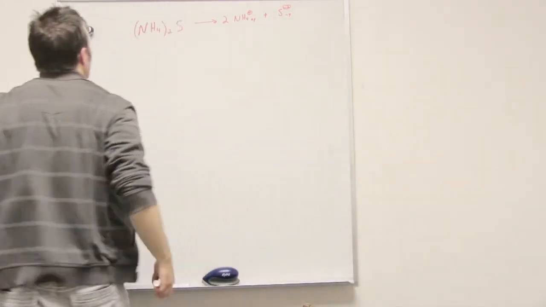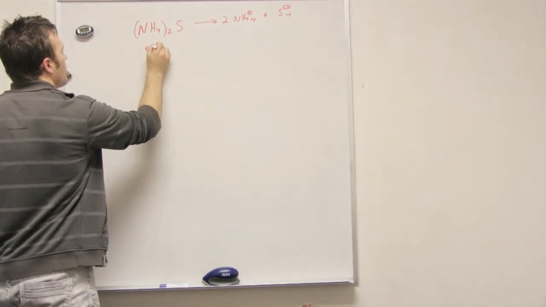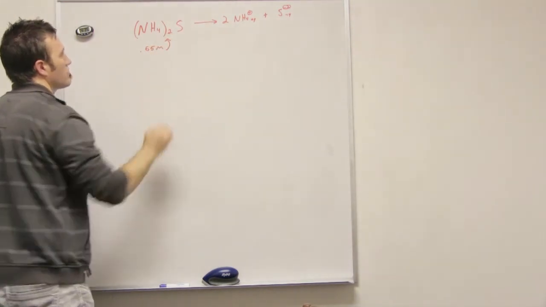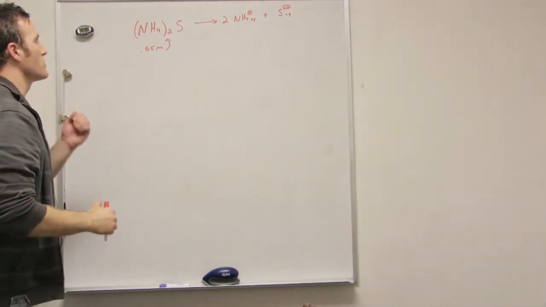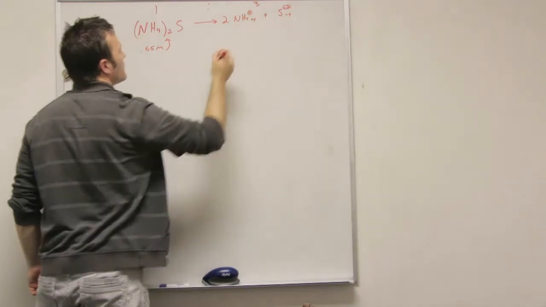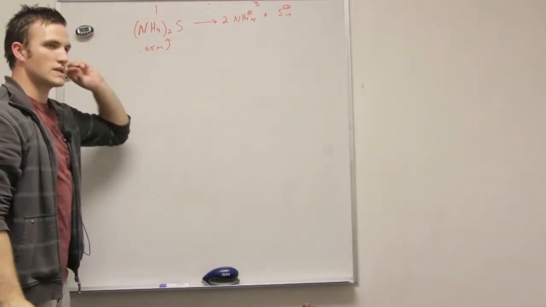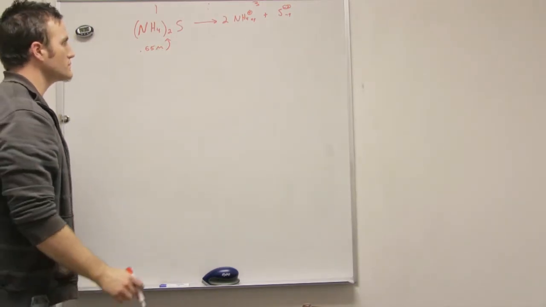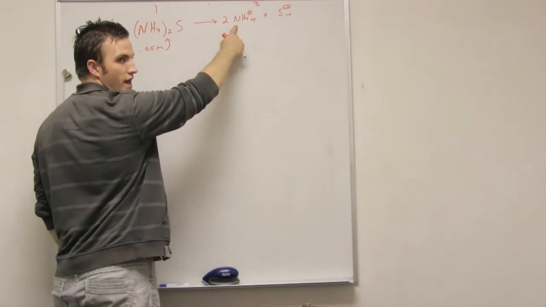Okay, so we have 0.55 molar of this compound, and it is like what we were just talking about in a ratio. If you have 0.55 molar of this, you know it's going to completely dissociate. For every 1 mole of this that falls apart, you get 2 moles of that.